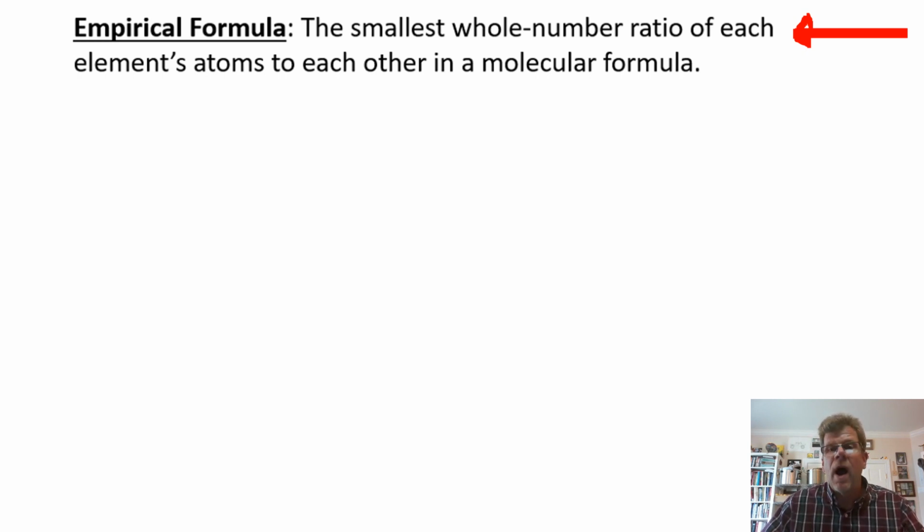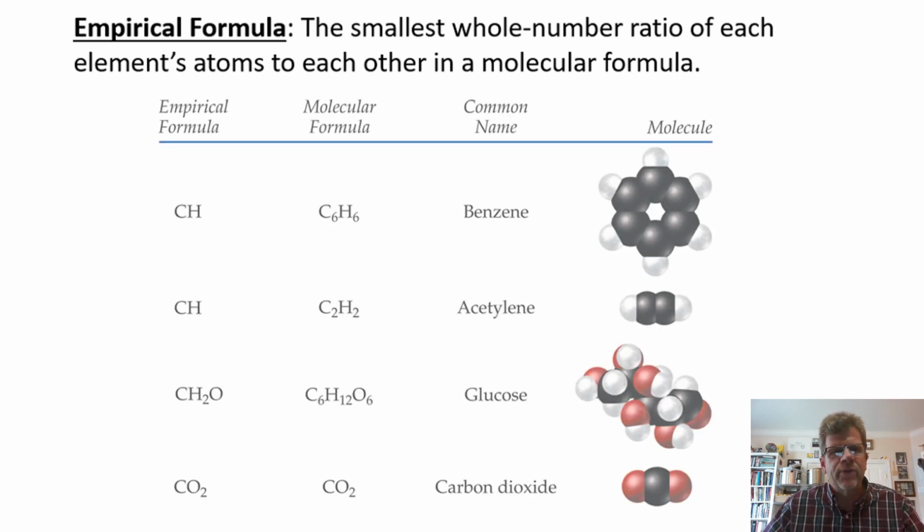Empirical formula of a compound is the smallest whole number ratio of each element's atoms to each other in a molecular formula. So we're going to see a difference here between empirical formula and an actual molecular formula, which we've looked at before. And we'll look at these one at a time to look at our examples.